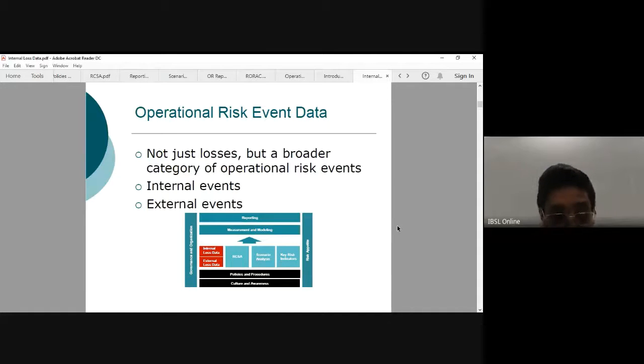All these things are based on the organization's culture and awareness and the policies and procedures. But there are three other things to be discussed. We will do the discussions during the course of the session today. And now our discussion is on internal loss data and external loss data.